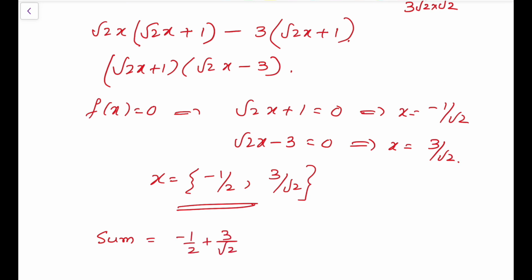This is only for your understanding. Sum is equal to minus 1 by root 2 plus 3 by root 2.